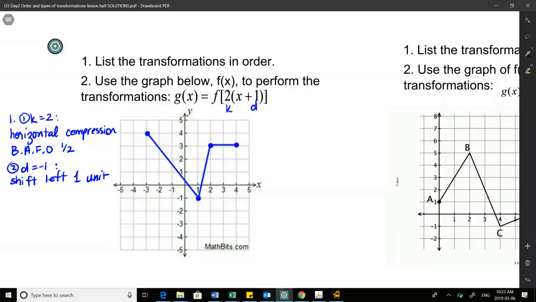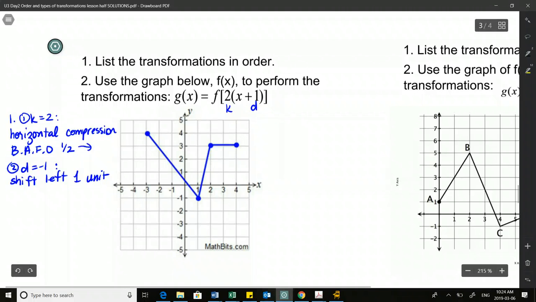Okay, so mathematically, these are both changes to the x coordinates. So K and D are always changes to the x's. So mathematically, this is telling me take your x's and multiply them by a half or divide them by 2, same thing. And then when we shift left 1 unit, we do half x from the earlier transformation, and then we shift it left by subtracting 1.